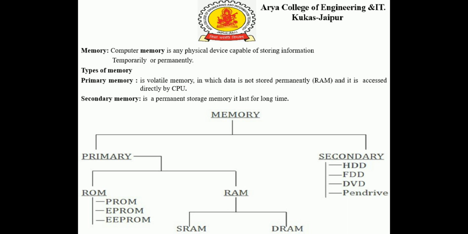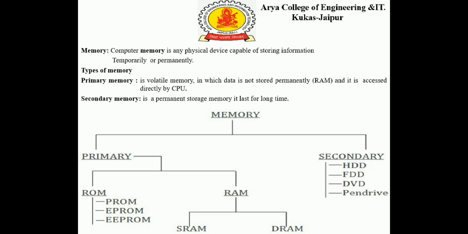Memory is of two types: primary memory and secondary memory. Primary memory is a volatile memory and an example is RAM, and in some cases ROM also. Secondary memory is the permanent storage memory and it retains data for a longer time. We can use it for long-time storing of data and information also.